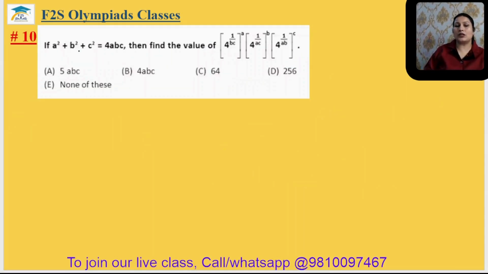Now the next question is number 10. A square plus B square plus C square equal to 4AC. Then find the value of this. So we can write 4 to the power A upon BC multiplied by 4 to the power B upon AC multiplied by 4 to the power C upon AB. Now we can see the bases are same, so exponents will be added.